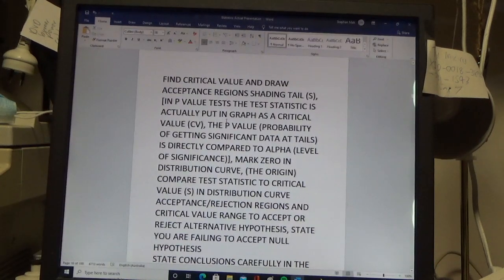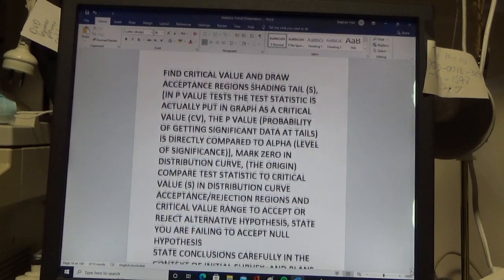So then it's a matter of finding the area under the tails. Yeah. And then if it's a two-tailed test, you've got to split it into two. That's your p-value. And then comparing it directly with alpha. So the test statistic is your critical value. That's how a p-test is different.